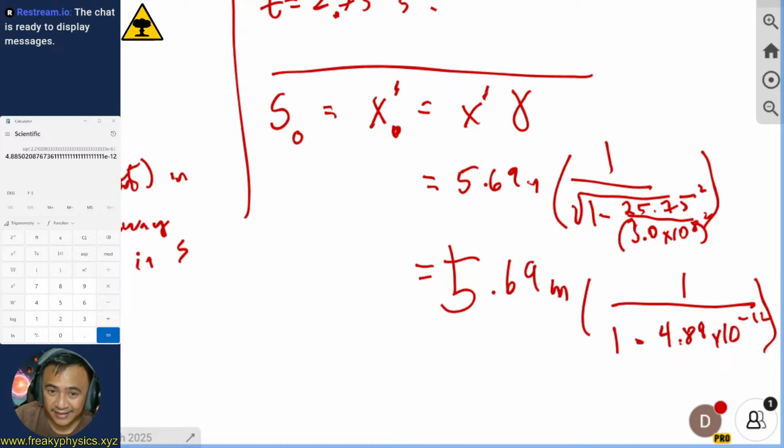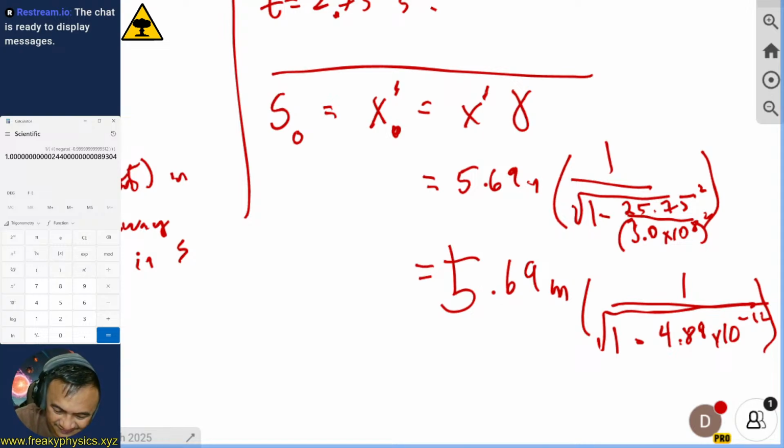Okay, and then we're going to do the final part. We're going to subtract that from 1, and then, oops, I forgot the square root sign. So let's take the square root of that. Okay, so 4.88 raised to negative 12 is that, then minus 1. Don't forget to remove the negative sign. Square root that, and then flip that over.